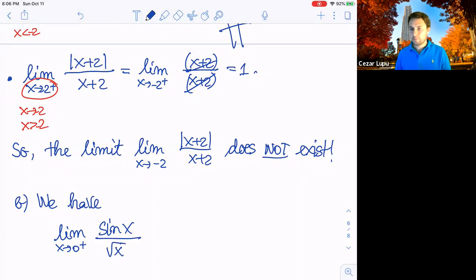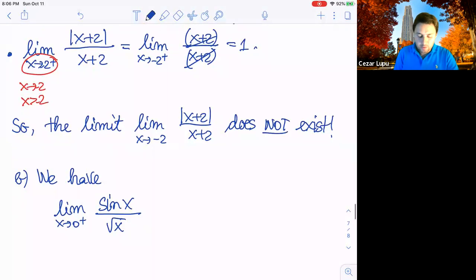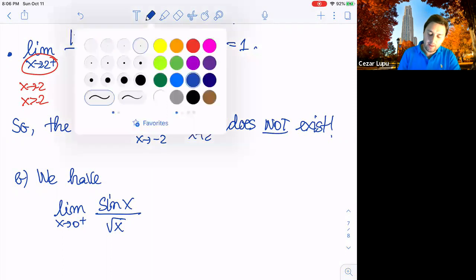Well, if you plug it in, if you do the same thing, again, you'll get 0 over 0. Sine of 0 is 0, square root of 0 is 0. So again, it's undefined. So maybe you should do something. Does this ring a bell to you? You know, we have that limit.